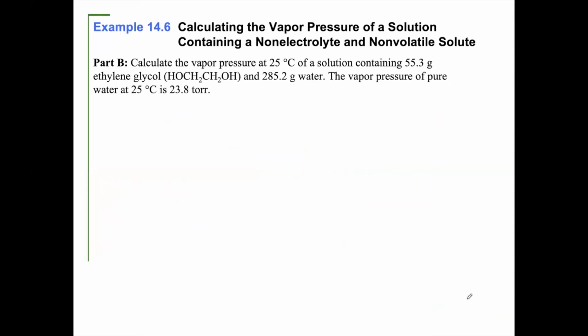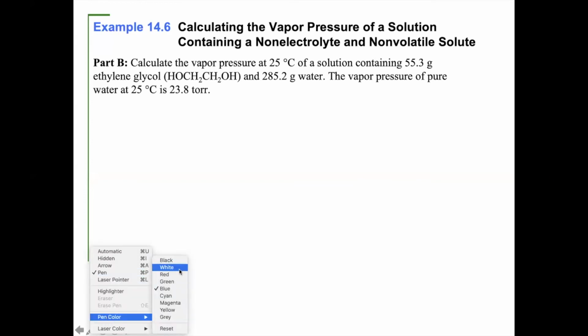Calculate the vapor pressure at 25 degrees Celsius of a solution containing 55.3 grams of ethylene glycol and 285.2 grams of water. All right, so we're dealing with a similar situation as the last problem, so we're going to follow the same steps.